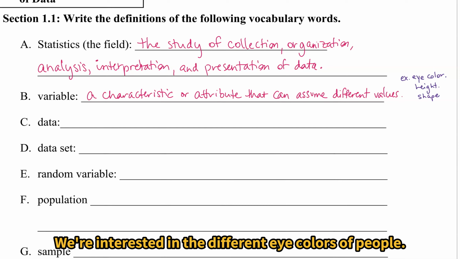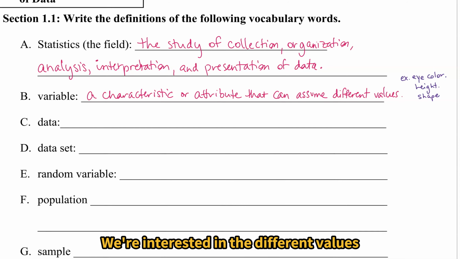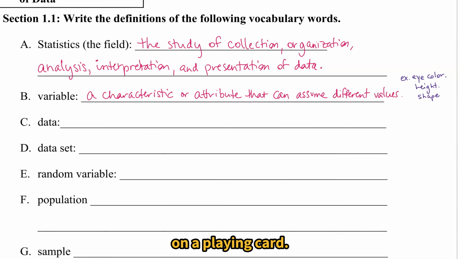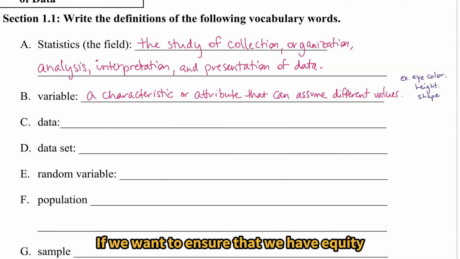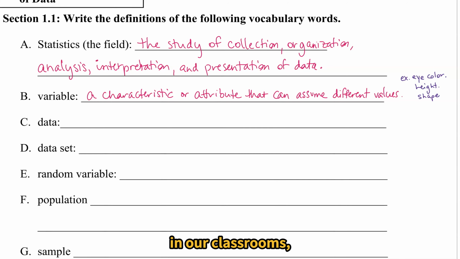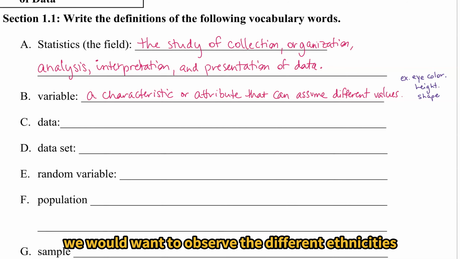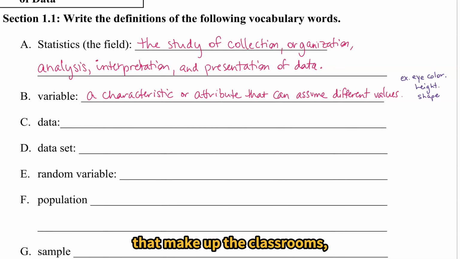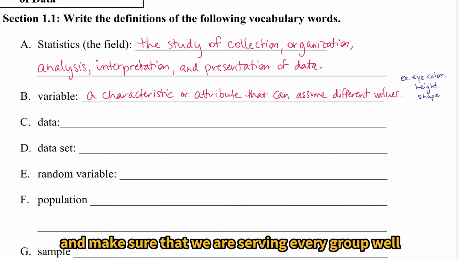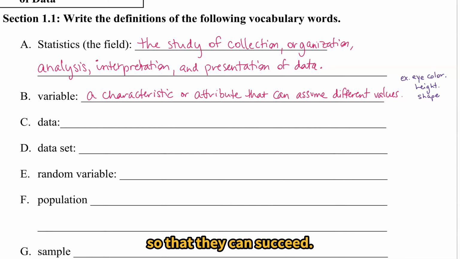We're interested in the different eye colors of people. We're interested in the different values on a playing card. If we want to ensure that we have equity in our classrooms, we would want to observe the different ethnicities that make up the classrooms and make sure that we are serving every group well so that they can succeed.